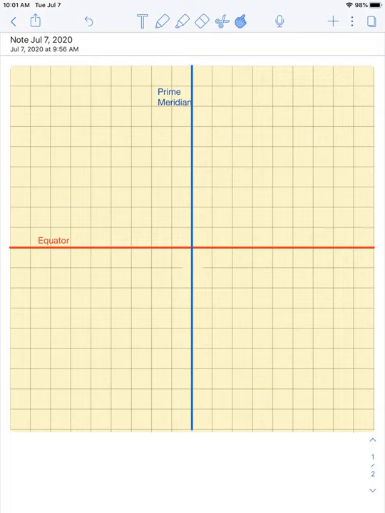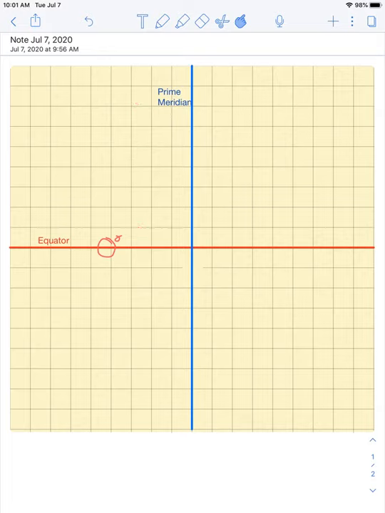Now I wanted to look at this just for a moment because I want to show you this idea here. As we count from our equator, which is 0 degrees, right? Each line is present. 1, 2, 3, 4, 5, 6, 7. But when we look at a map, it's not going to look like this.